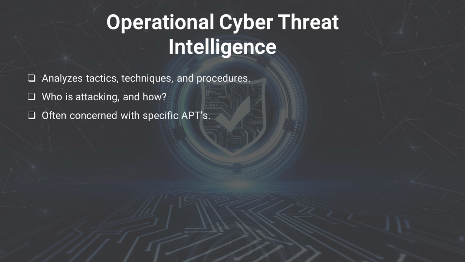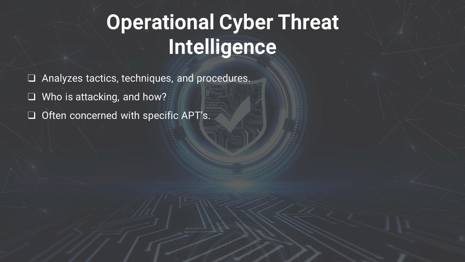Operational cyber threat intelligence is used to evaluate risks from a slightly higher level. It takes a look at specific tactics, techniques, and procedures used by threat actors and uses that information to mitigate the threats posed by them.